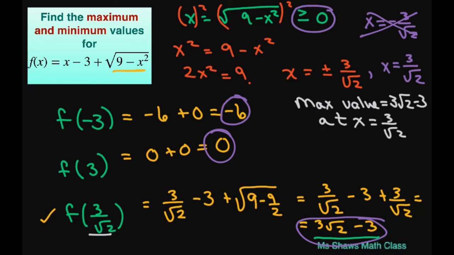Your minimum value is your smallest number, which is negative 6. So you write minimum value is negative 6, and that is at x equals negative 3. This will be your final answer.